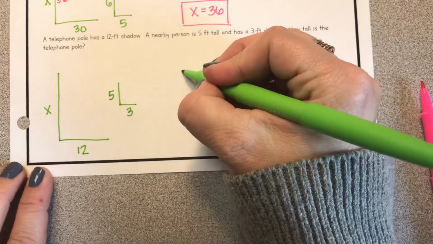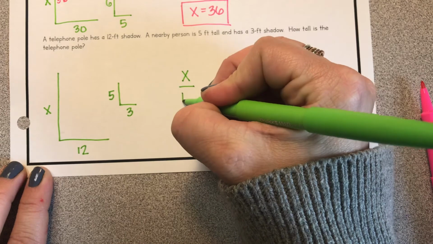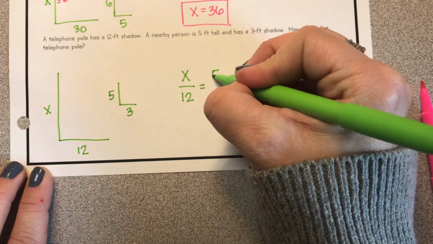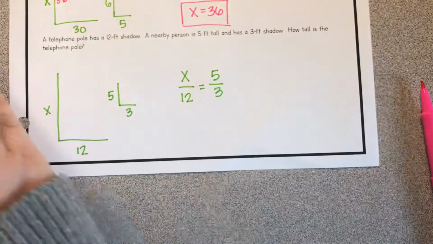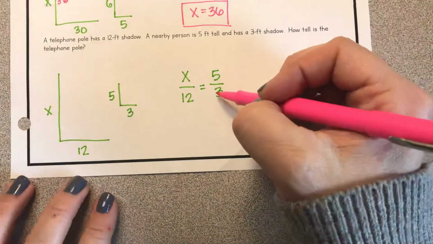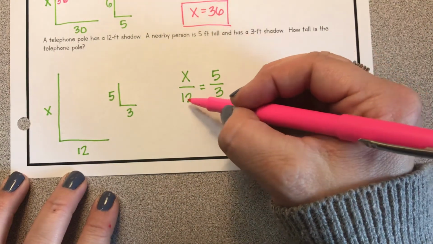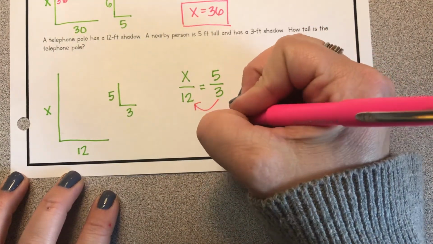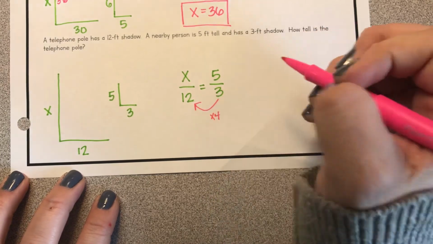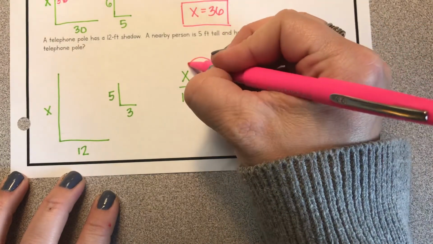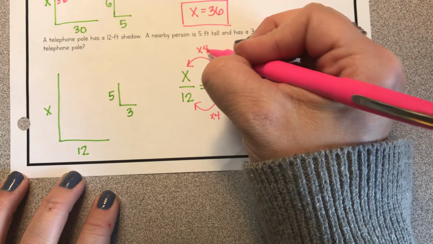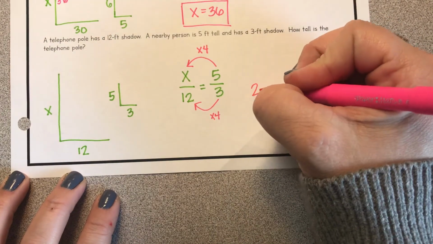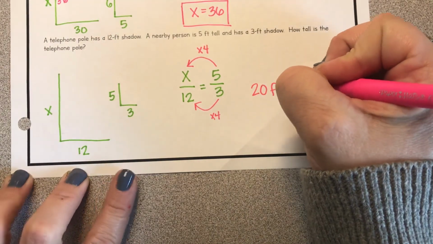I'm going to say the telephone pole's height over the shadow equals the person's height over their shadow. We can tell that the shadow of the telephone pole is 4 times the shadow of the person. So that means the pole must be 4 times the height of the person, which means our pole would be 20 feet tall.